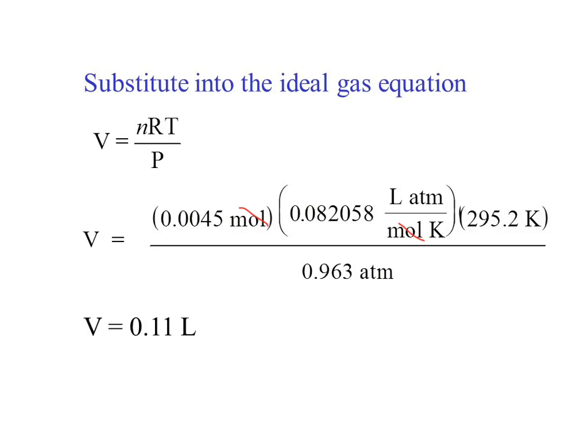So those cancel. Okay, looks like atmospheres cancel. Atmospheres in the numerator of the numerator cancel with atmospheres in the numerator of the denominator. Looks like Kelvin cancel. Okay, and so all we're left with are units of liters. That's it. That's the answer.